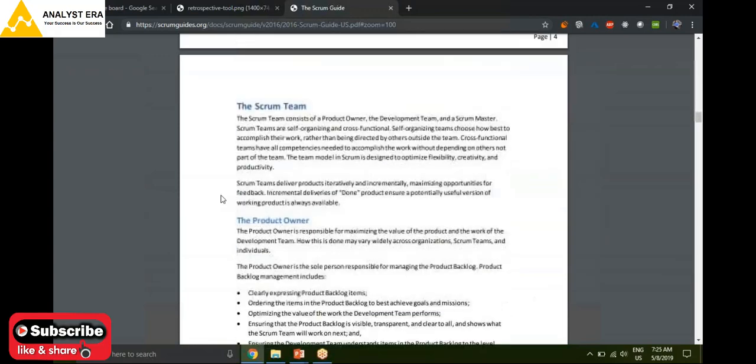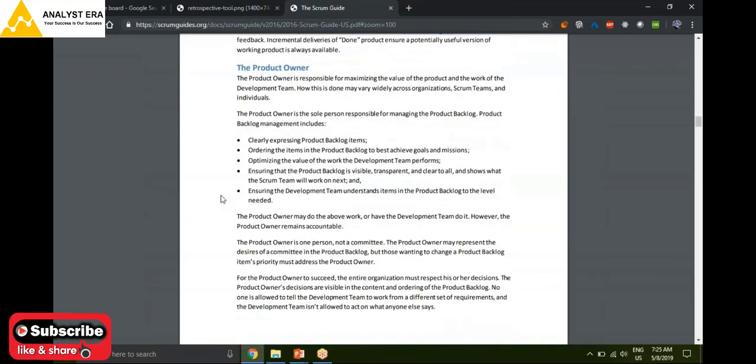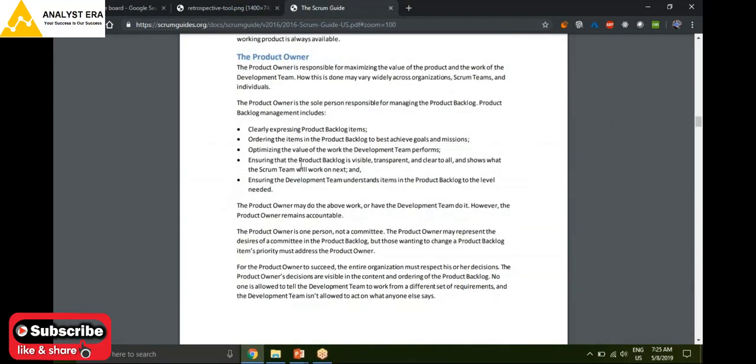What are the values of Scrum? What is the Scrum team? Who is the PO? What are his responsibilities? These are his responsibilities of what a PO should do. If you look at a few things, we just spoke about these. He should be writing the backlog. We spoke about writing the backlog, right?